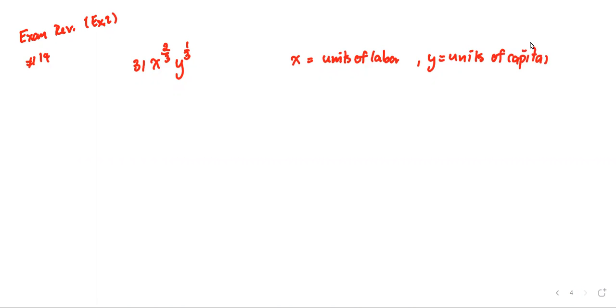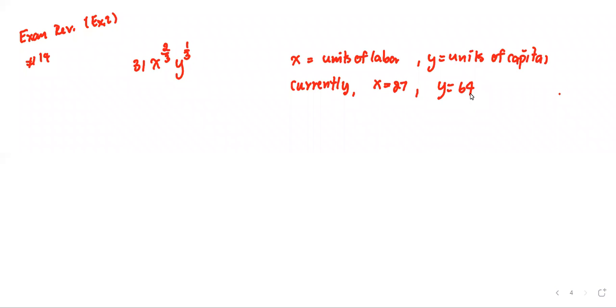Okay, and the company is currently utilizing, so the current level, 27 units of labor, or x equals 27, and 64 units of capital.